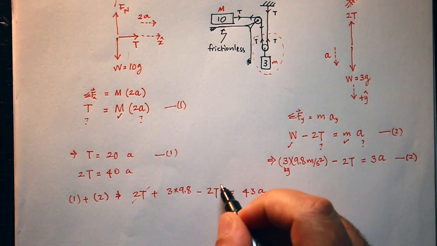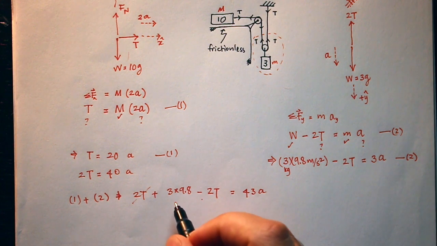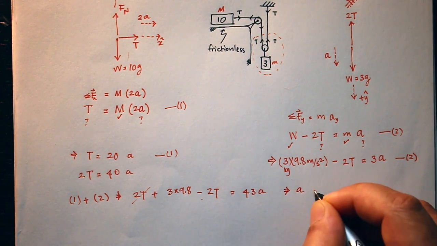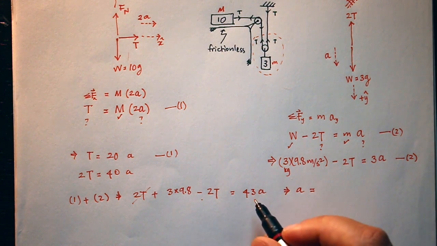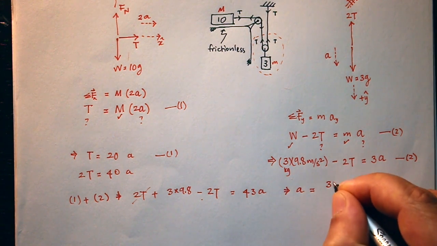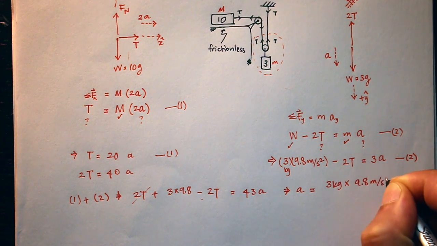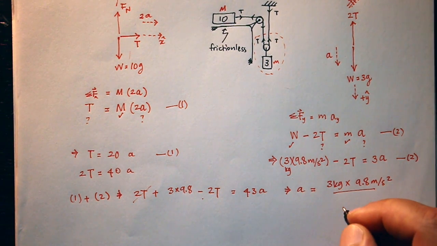These cancel, and I'm left with 43A is equal to 3 times 9.8, so that means that A, the acceleration, is equal to 3 kilograms times 9.8 meters per second squared divided by 43.